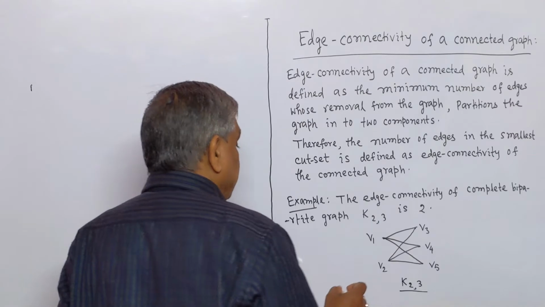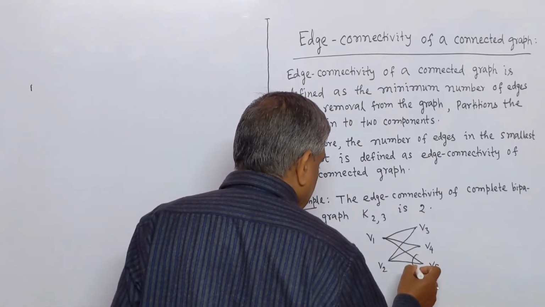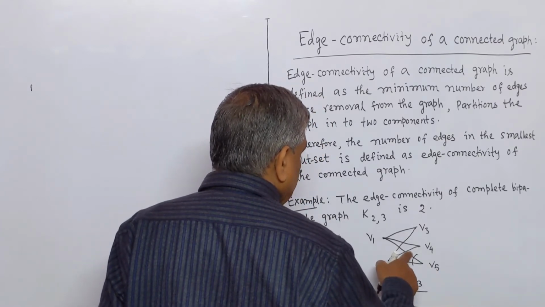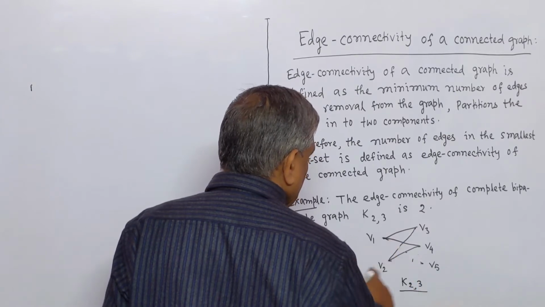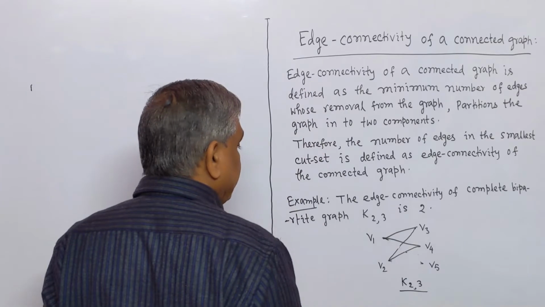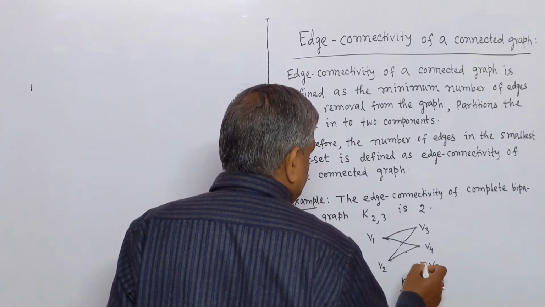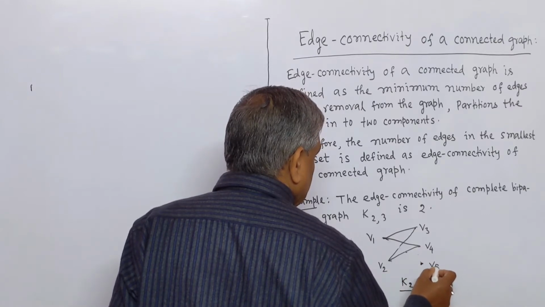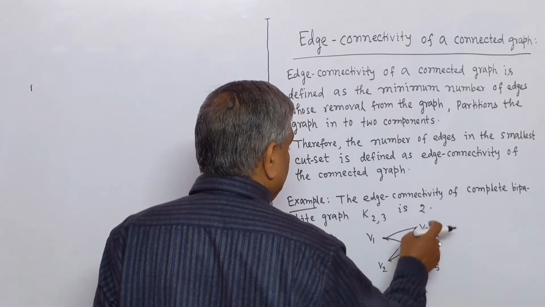Here we see that if we take a cut set like this, means if we delete these, we get two disconnected graphs. Here the first component contains the vertex V5 and the second component contains other vertices.